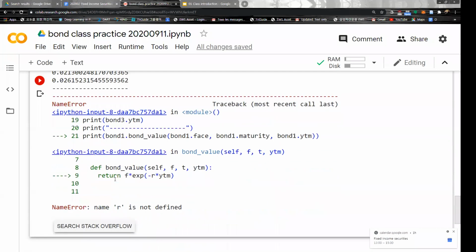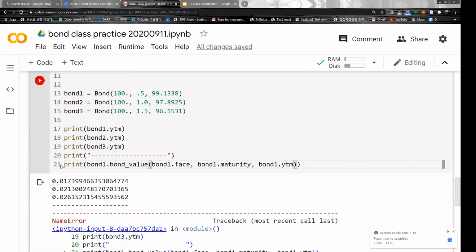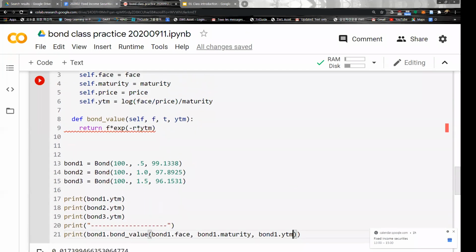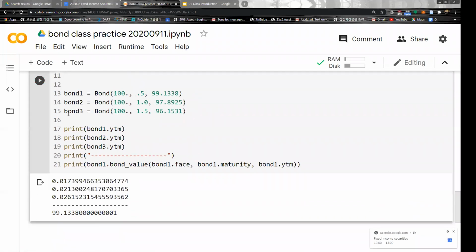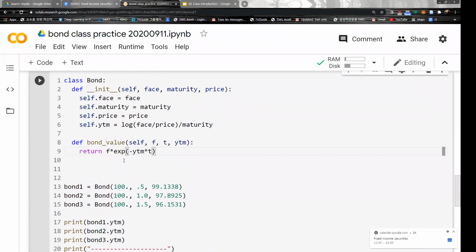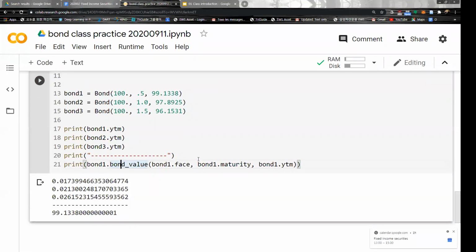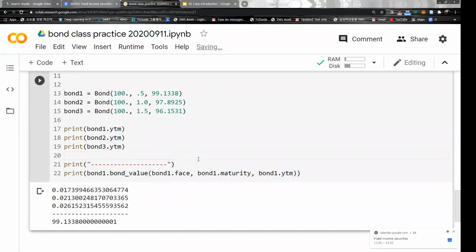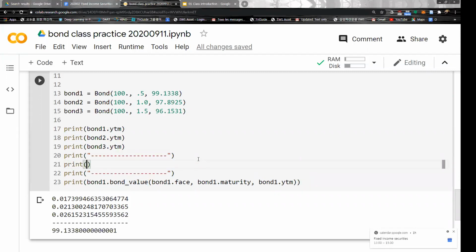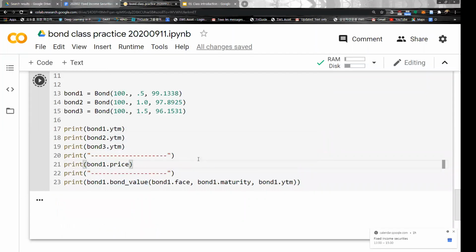Oh, sorry. It is not R. It is YTM multiplied by T. And then if we calculate it, the first bond price is 99.1338, which is exactly the same as print bond one price, right?